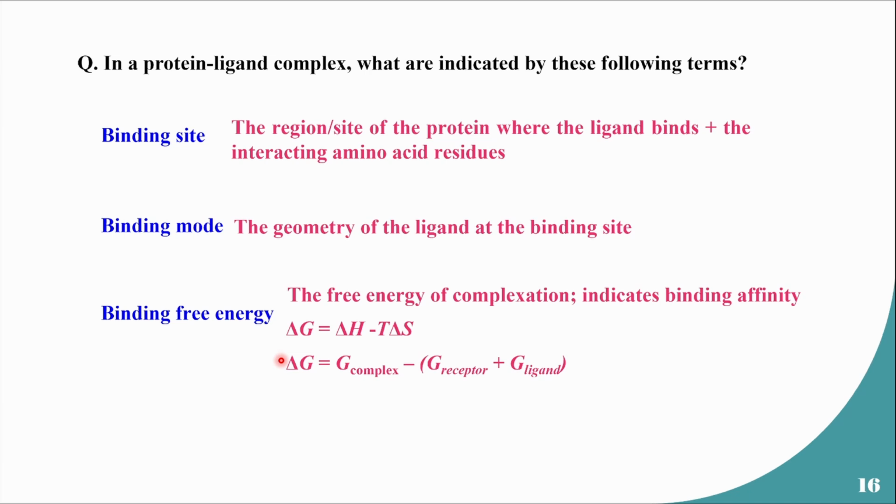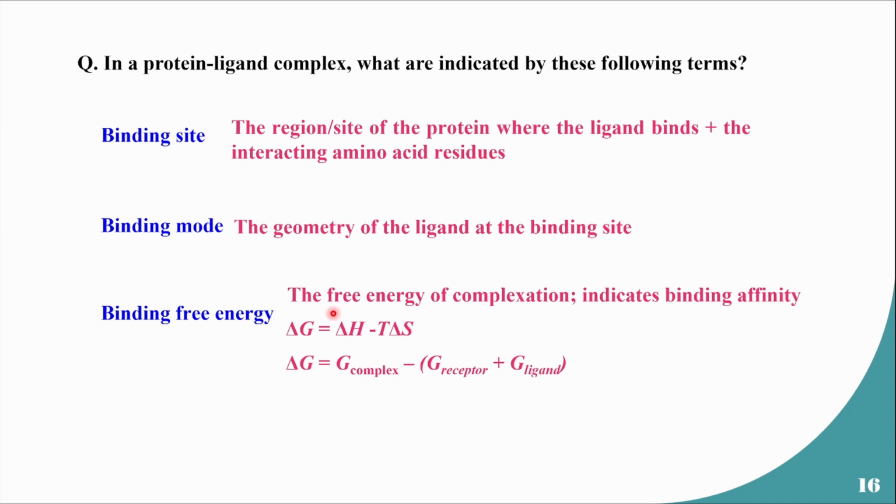We also know that it can be calculated using this formula, delta G equals delta H minus T delta S. Delta H here is the enthalpy change upon complexation, and T delta S is the contribution for the entropy part. If you combine all of those, we can get the delta G value.